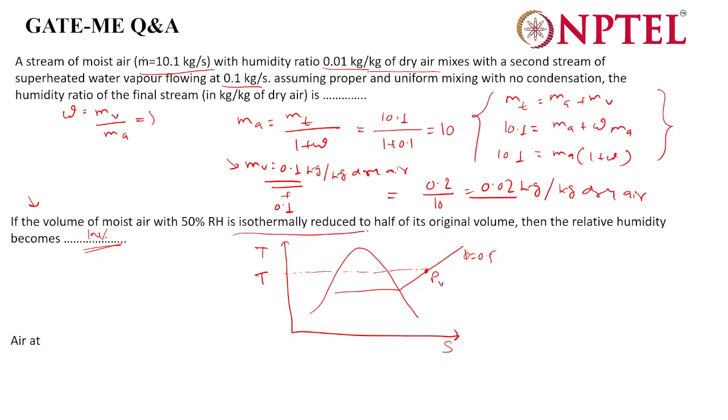Isothermally means the temperature would be the same. So if the initial volume is V, the final volume would be V by 2. If volume decreases isothermally, then we know pressure is directly proportional to the volume. Is it correct?